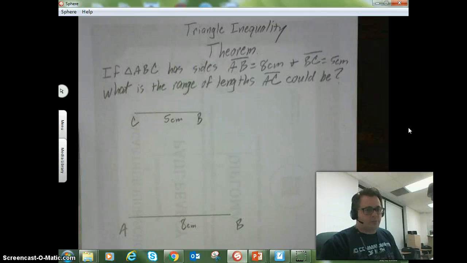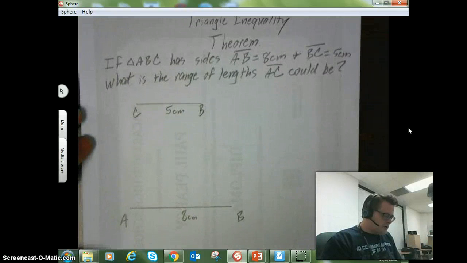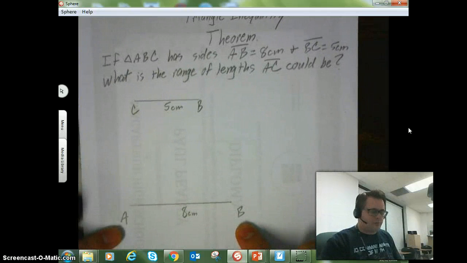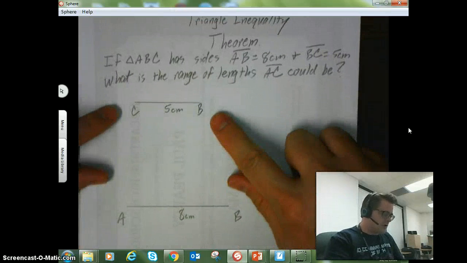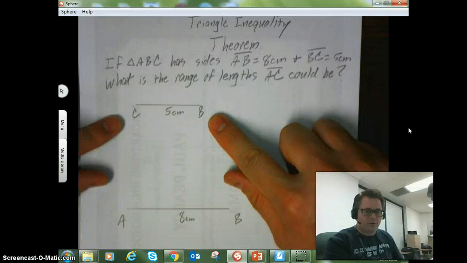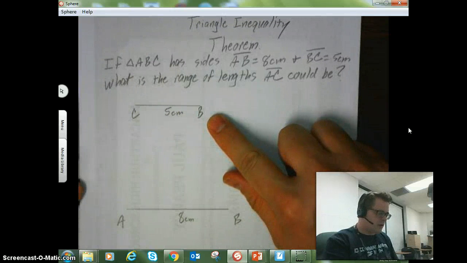This is a very common question I've seen on college entrance exams, particularly the SAT: what is the range of lengths that the third side, AC, could be? So I've constructed a segment that is 8 centimeters long, measured with my ruler, and the same thing for CB, constructed to be 5 centimeters long.